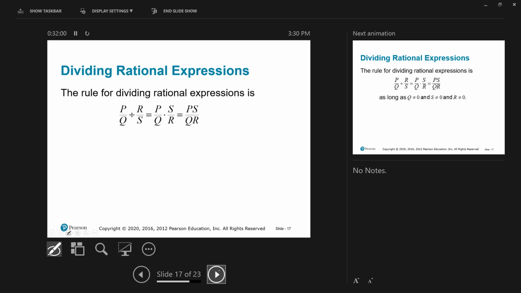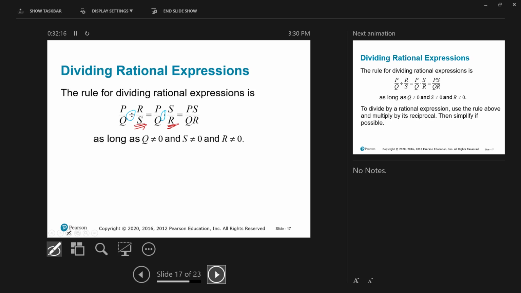Okay, let's talk dividing. Now, you guys know how to divide fractions. Here's a division problem, but it doesn't stay division. It turns to multiplication, and if you take a look, fraction number 2 flipped over, and then I get to multiply them together. But again, your denominators are not allowed to be 0. And you actually had 3 denominators.